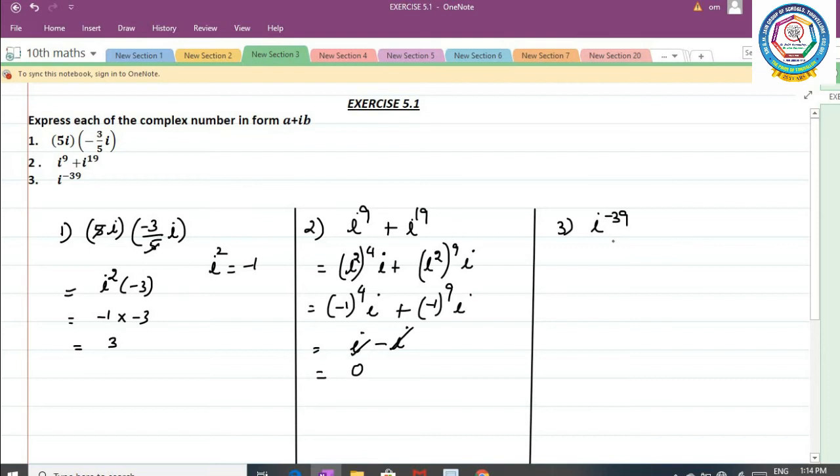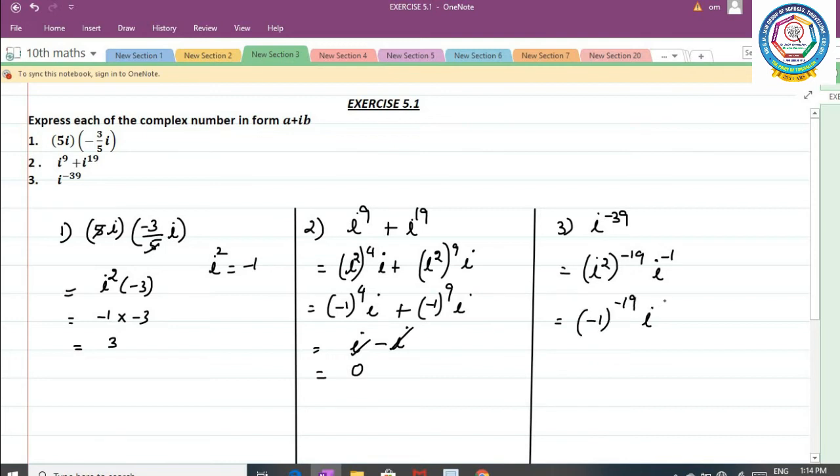Next, i power minus 39. So i power minus 39 can be written as i square into the whole power minus 19. So 2 into minus 19 is minus 38, but here minus 39 is there. So I am writing one more i power minus 1. i square is minus 1, the whole power minus 19.